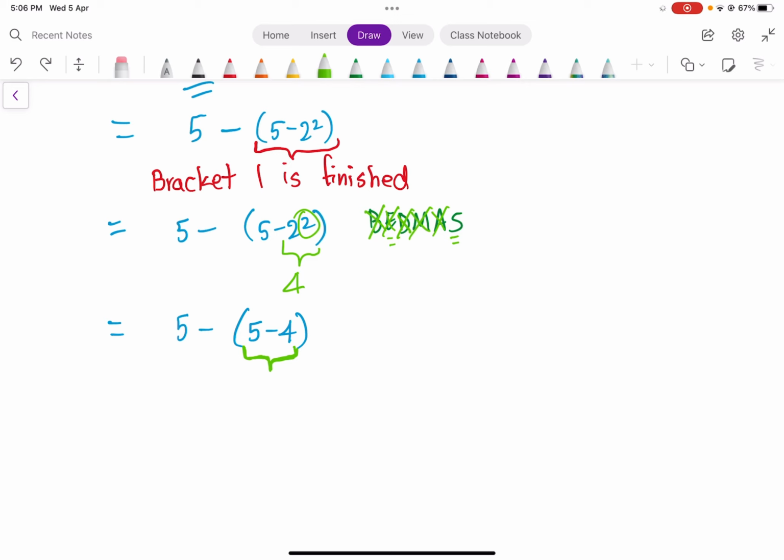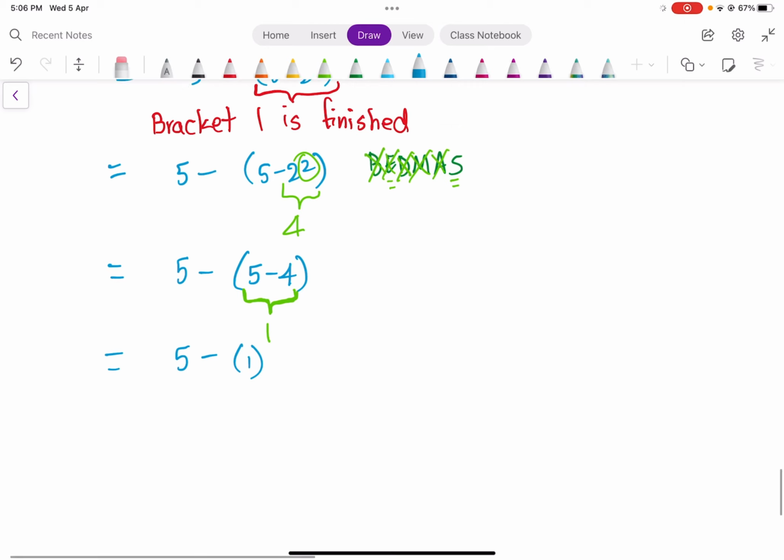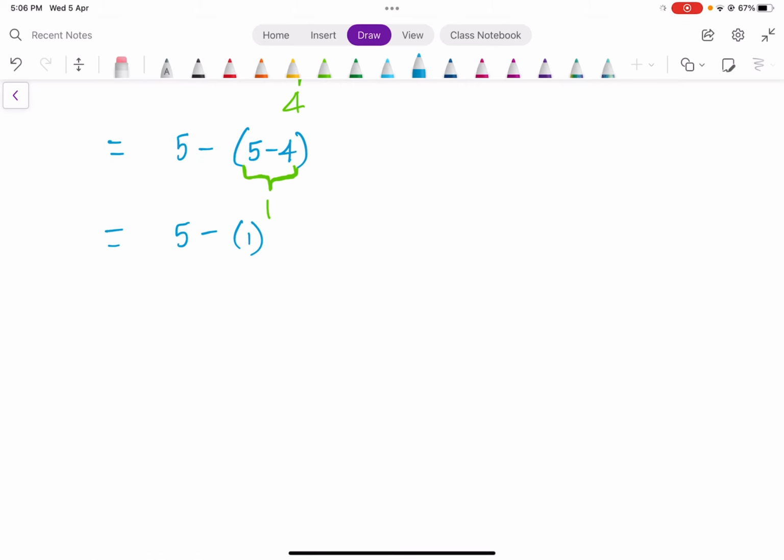So let's complete our subtraction. 5 minus 4 is 1. So we can rewrite our equation. 5 minus 1. Now, as we talked about earlier, if there's only an integer in our bracket, we can remove it. So 5 minus 1 gives us 4. So our answer is 4.